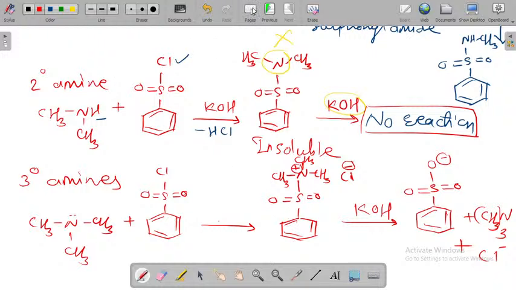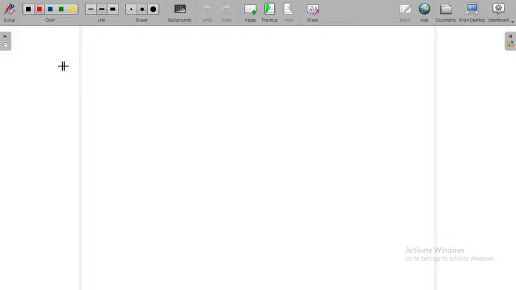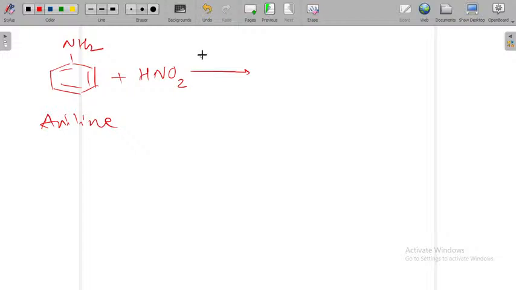So Sandmeyer's reaction. Before that, we'll just recap the formation of benzene diazonium chloride. This is benzene diazonium chloride that we are going to form from aniline. So this is aniline on reaction with nitrous acid. In the previous lecture we have already seen this reaction: NaNO2, HCl at cold condition gives benzene diazonium chloride.